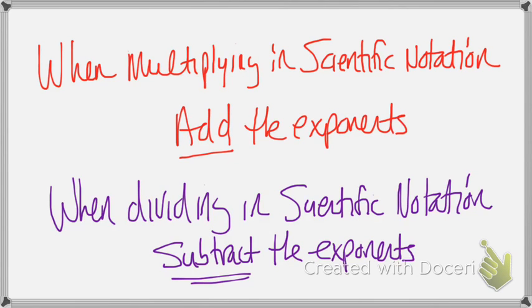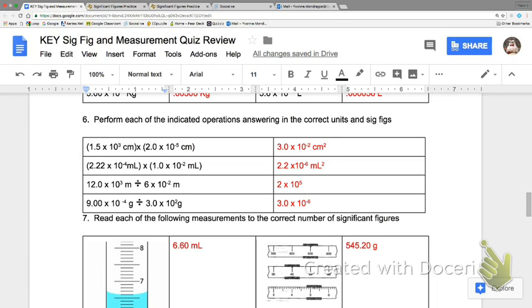Before we start multiplying and dividing with values in scientific notation, let's remember the rules about the exponents. When multiplying in scientific notation, you're going to add the exponents. When dividing, you're going to subtract the exponents. So we are looking at 1.5 times 10 to the 3rd centimeters times 2.0 times 10 to the negative 5th centimeters.